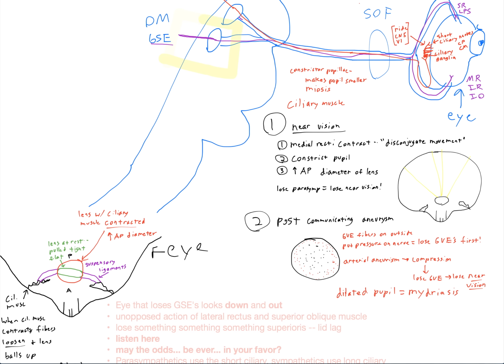That patient's eye is going to look down and out because you have unopposed actions of the lateral rectus and the superior oblique. Even though superior is superior, it actually depresses. People get confused about that. So this eye that has lost purely GSEs, it looks down and out.